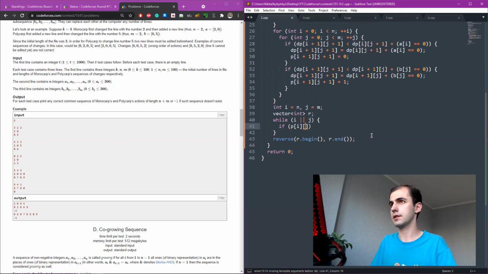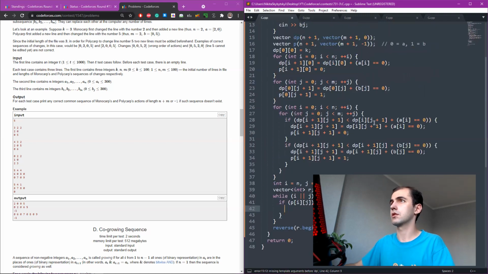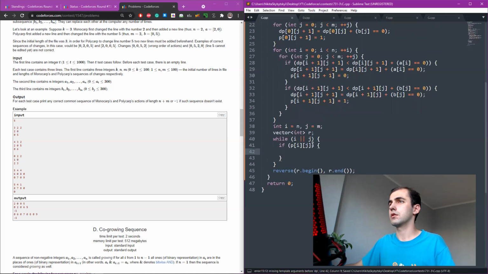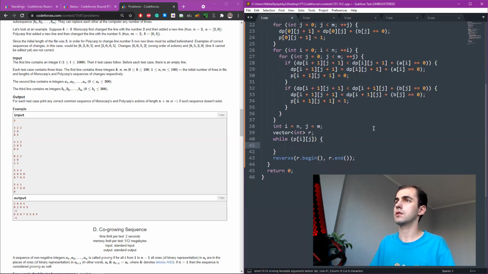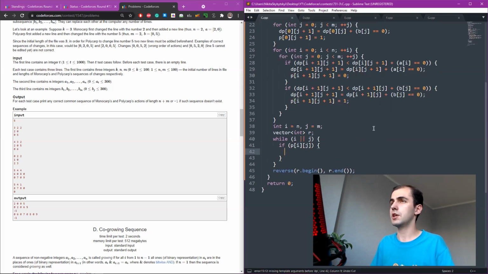If parent at i, j equals... may as well use while parent at... no. If parent at i, j, it means it's 1. So R should get pushed back b_j minus 1. Else R pushed back a_i minus 1.